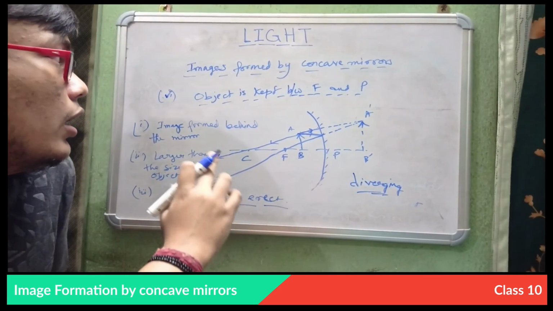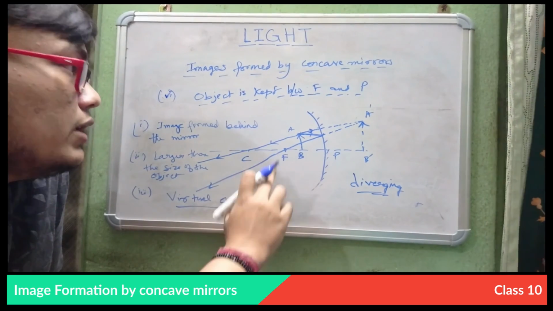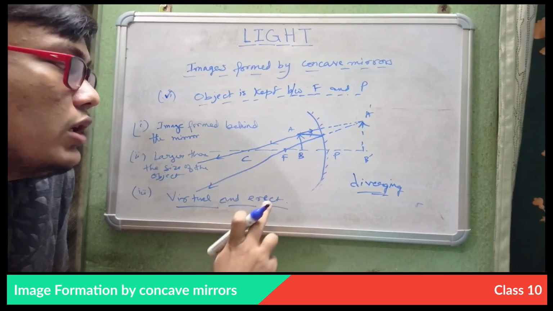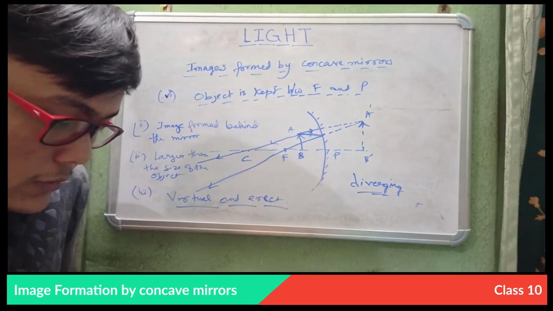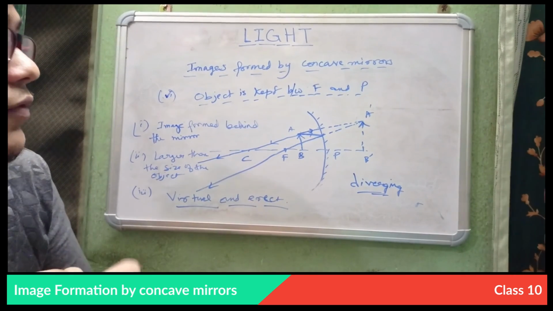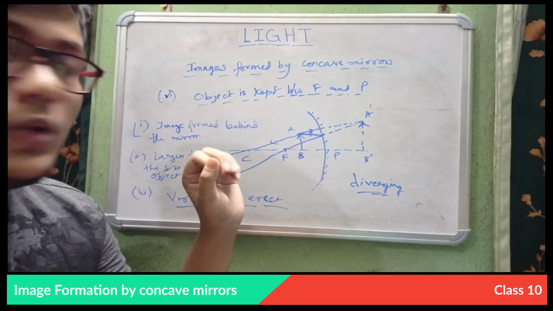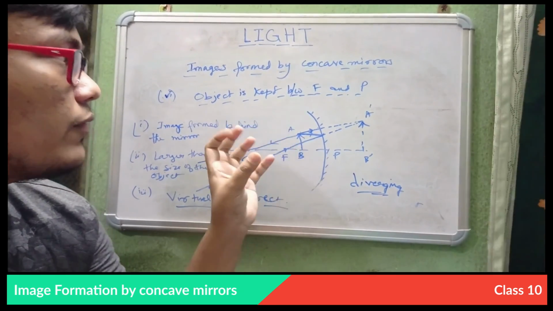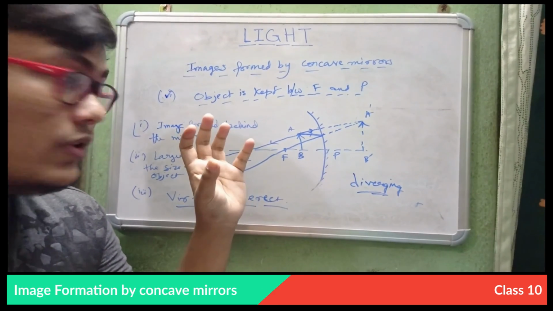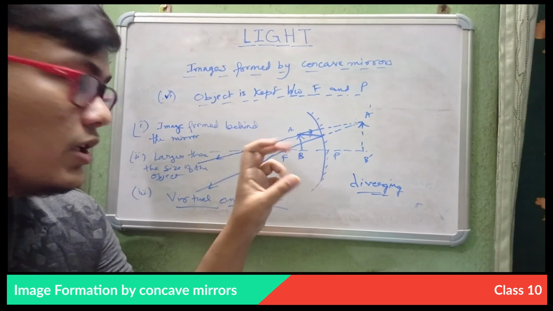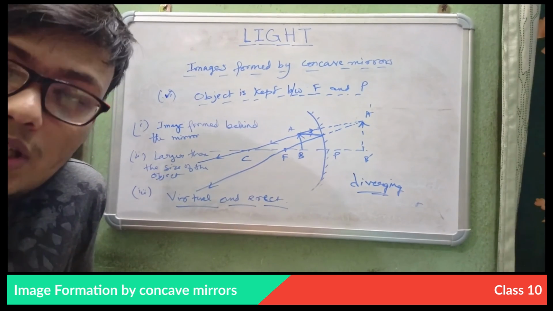So this is an exception where a concave mirror produces a virtual and erect image. These were all the possible scenarios where we kept the object at various positions and found out the nature of the images formed. So this was all about concave mirrors.